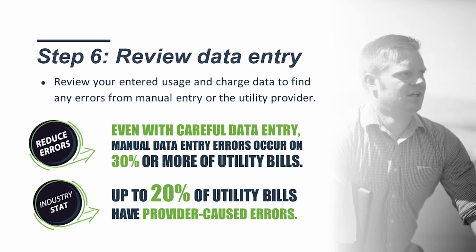Up to 20% of utility bills have provider-caused errors. So not only is it important to review bills that have been processed for errors that have potentially occurred when entering the data, but also to ensure the utility provider has invoiced you correctly. There's several different things that can occur on a utility bill as far as an error is concerned or a potential issue.